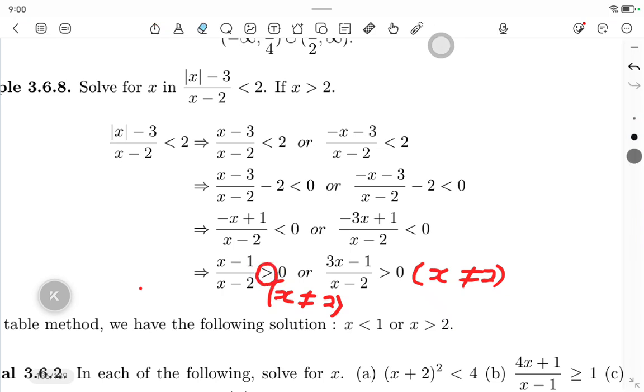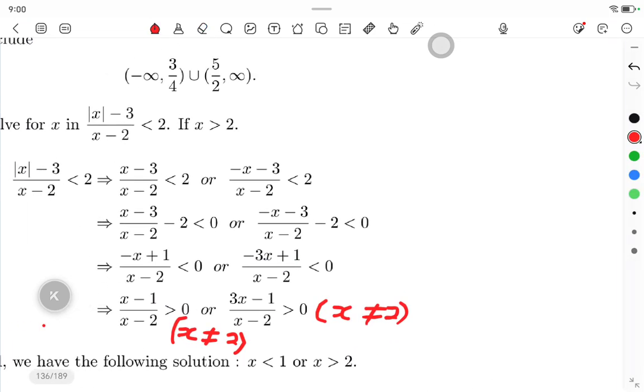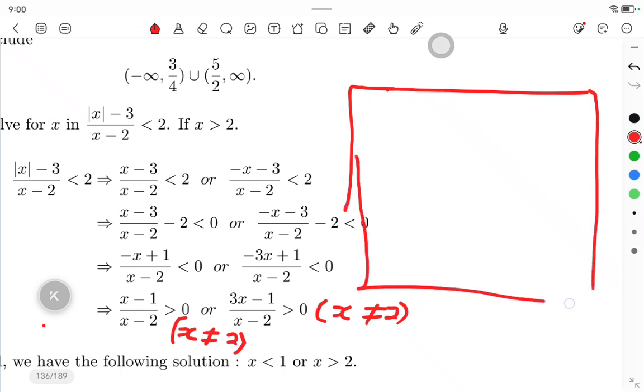Great. So let's go ahead and write a table for this. So don't forget to also specify this condition where x is not equal to 2. So we're going to write the table. So for the table, we have x minus 1 and x over 2, right?